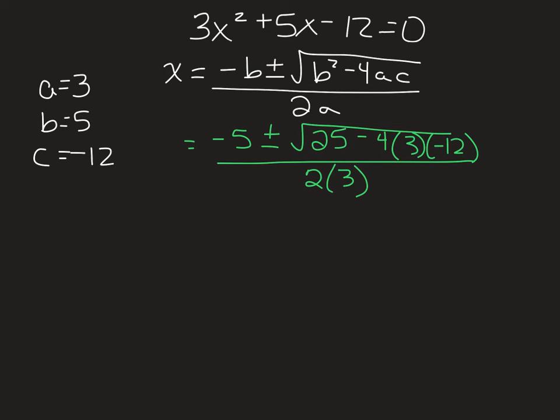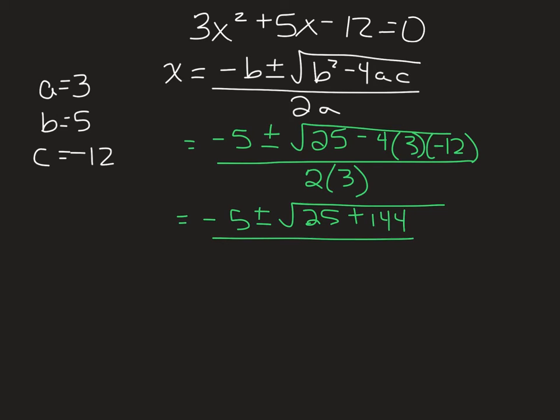All right, after I've done that, now let's clean it up. Let's keep on moving and evaluating this. So we have negative 5 plus or minus. I still got my 25, but let's check out this other stuff. So I have negative 4 times 3 times negative 12. Negative 4 times 3 is negative 12. Negative 12 times negative 12 is a positive 144.